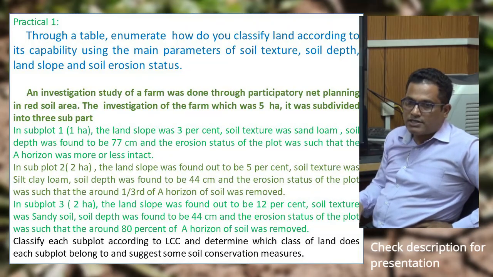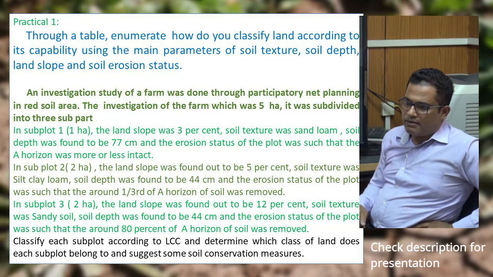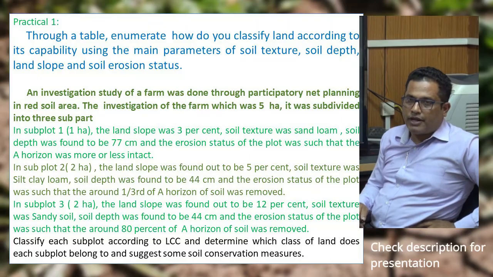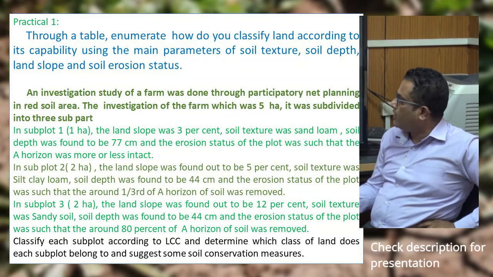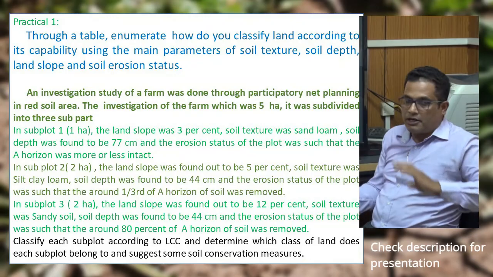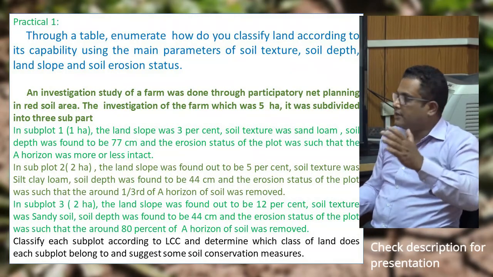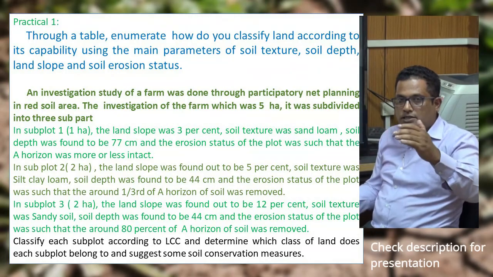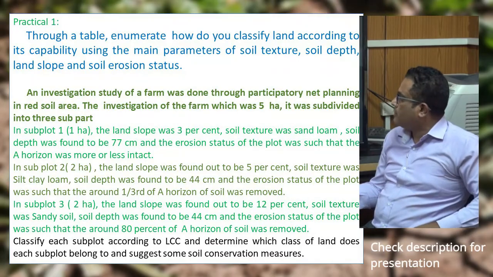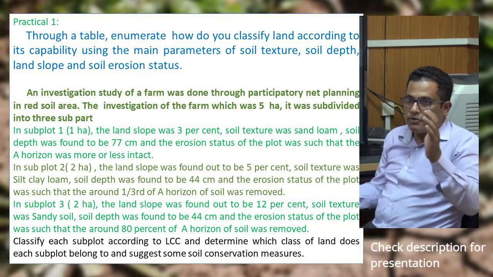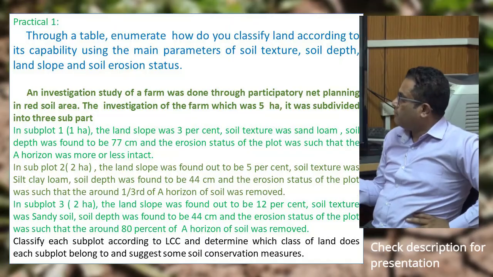In lecture 3, first part, you will find the answer, where in tabular form we have represented how land classification is done according to these parameters. In tabular form, you have to replicate the same thing.